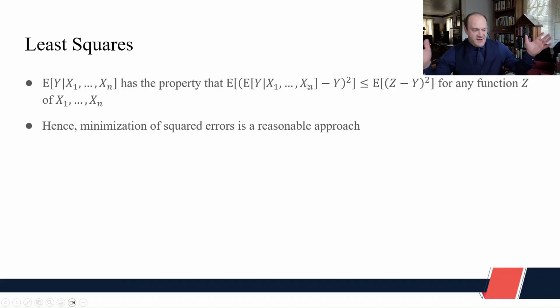You look at the set of random variables that are measurable in the sigma algebra generated by x1 through xn. And so that's the reason why it does this. Projections generally minimize squared differences, and conditional expectation is a particular case of projection.